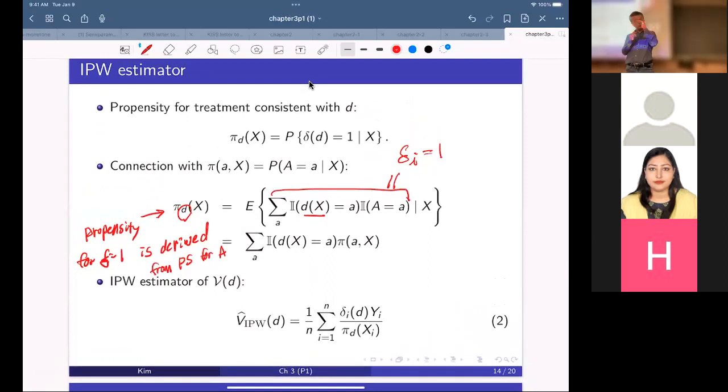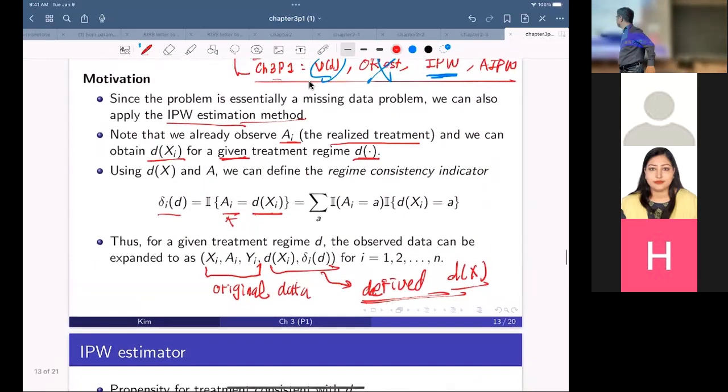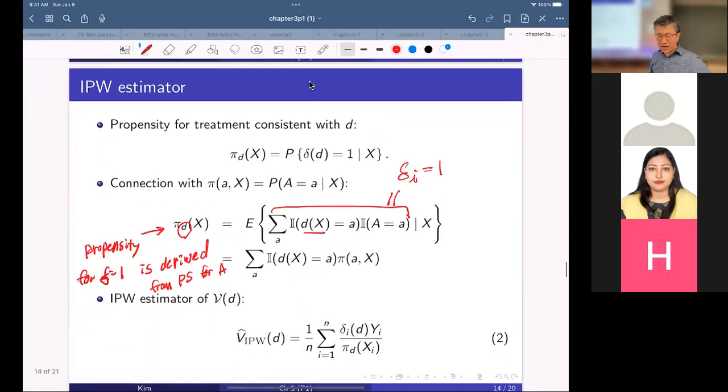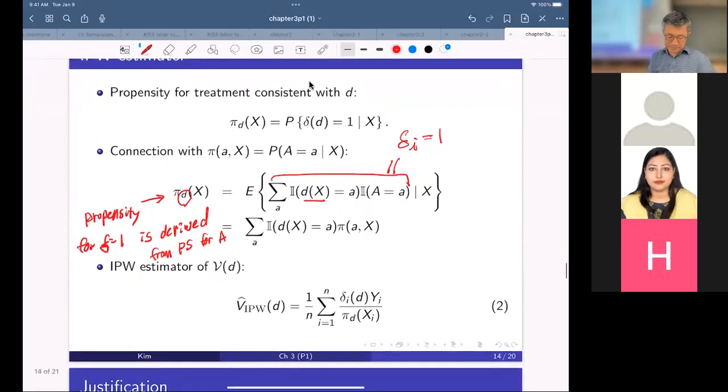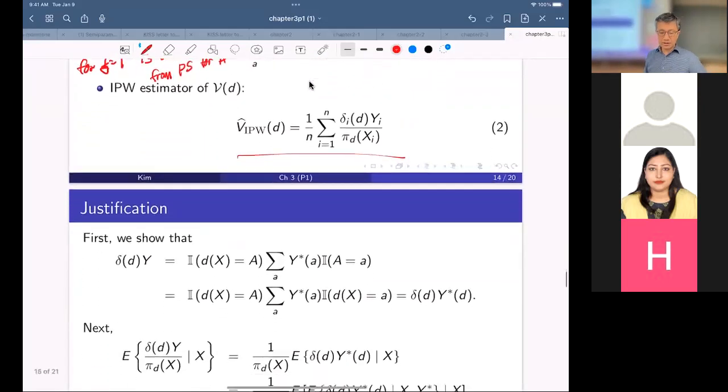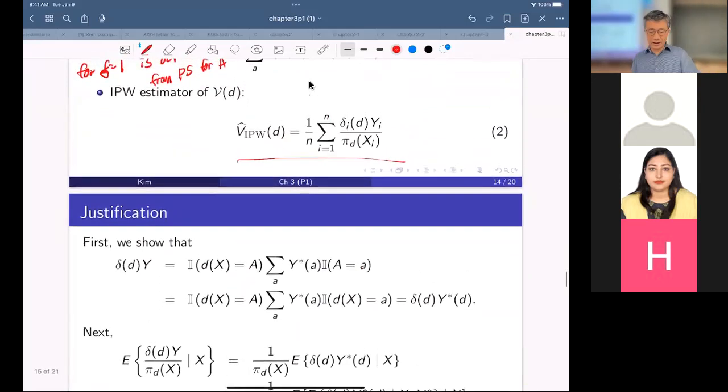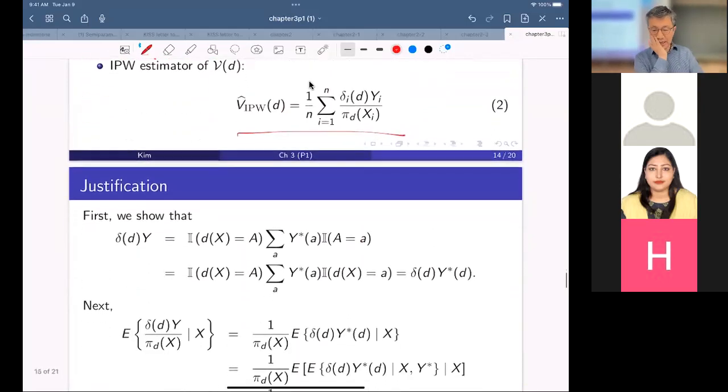You can conceptualize different D and then create this derived variable, derived treatment, I mean, under that treatment regime, and compare with what you observe, so that you can do some kind of estimation. So that's quite an interesting idea, I think.